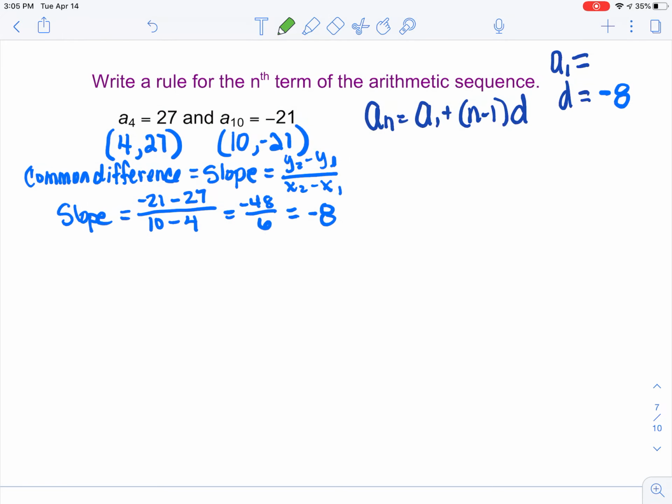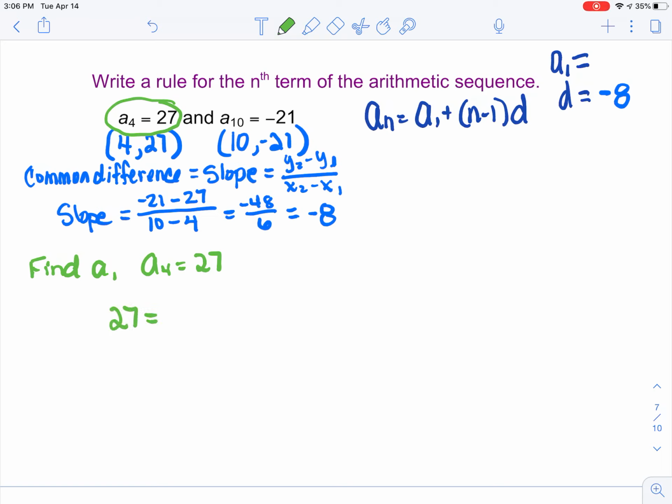Now I'm going to find my a sub 1, and we're going to do it just like the last problem. We're going to pick one of these values, and I'm going to pick this first one here. So I'm going to find a sub 1 by using a sub 4 equals 27.